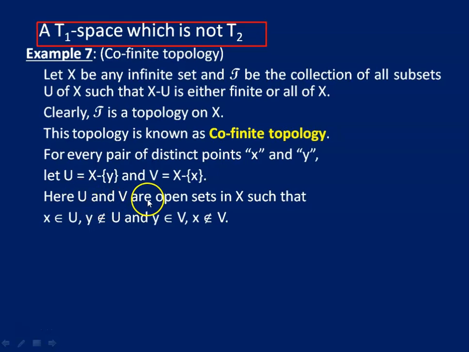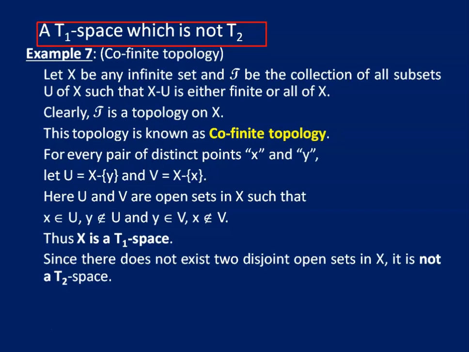So here U and V are open sets in X, where U contains x but not y because we have removed y from it, and V contains y but not x because we have removed x from it. So we have two open sets U and V in X such that U contains x but not y, and V contains y but not x. Therefore, X is a T1 topological space.